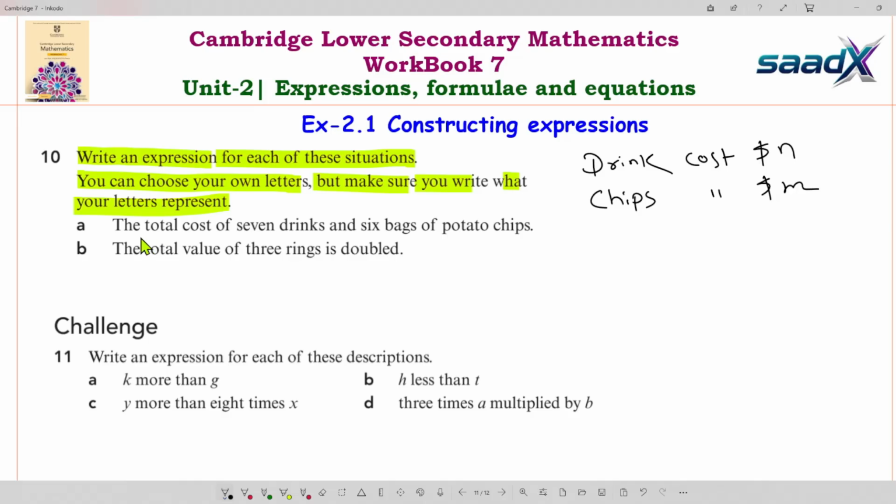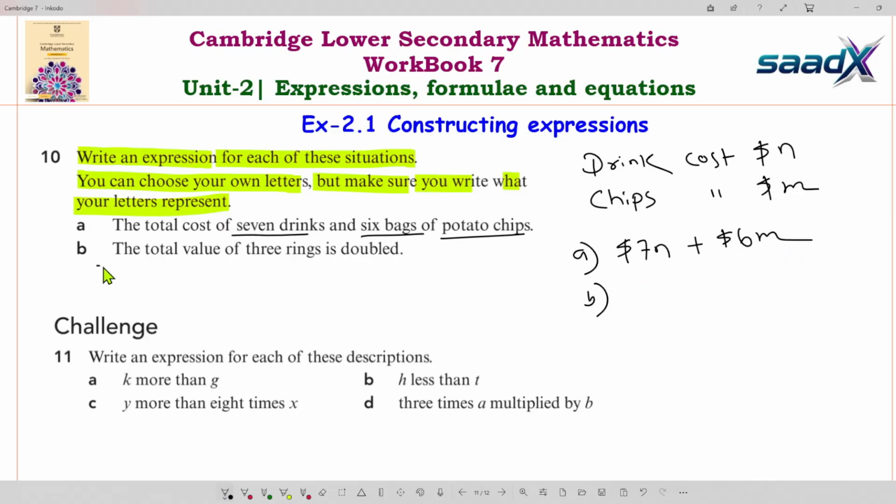Part A: the total cost of 7 drinks is $7N, and 6 bags of potato chips, so plus $6M. This is the total price of 7 drinks and 6 bags of potato chips.